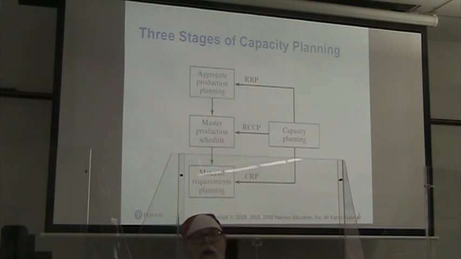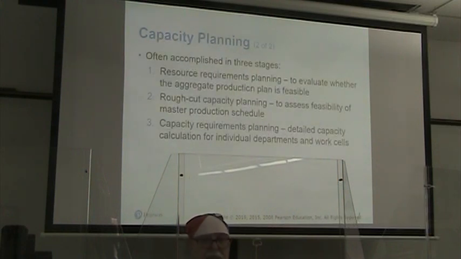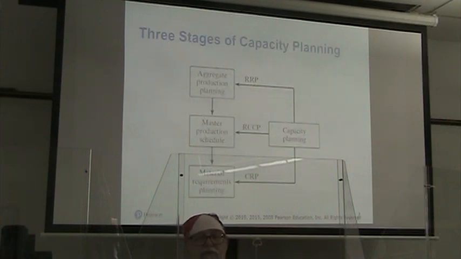All right, so our resource requirements planning goes into the aggregate production planning. Our rough cut capacity planning goes into our master production schedule.